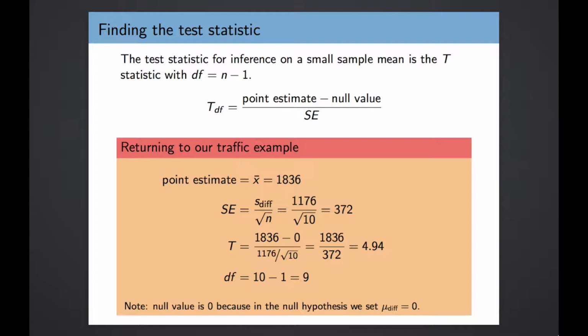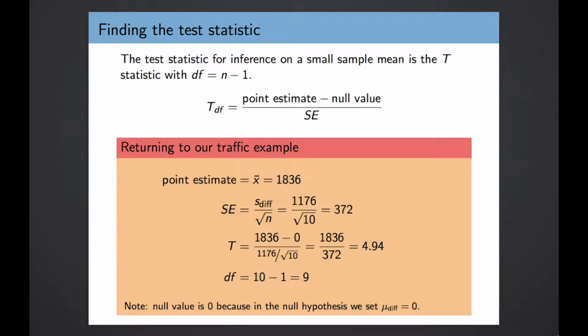So when we look at our traffic example, remember our point estimate is this difference, the mean difference in traffic flows between the 6th and the 13th, which was 1,836. Our standard error is going to be the standard deviation we found divided by the square root of n. So that's 1,176 divided by the square root of 10, which is equal to 372.